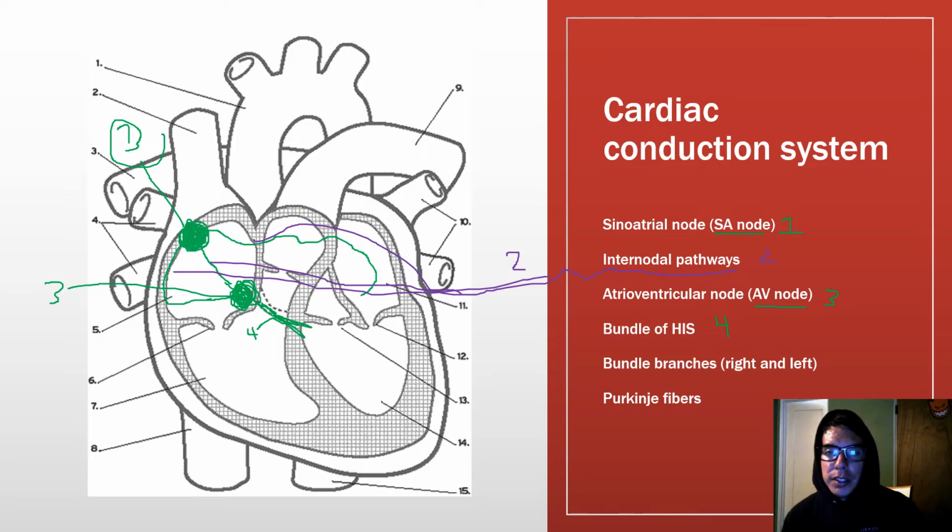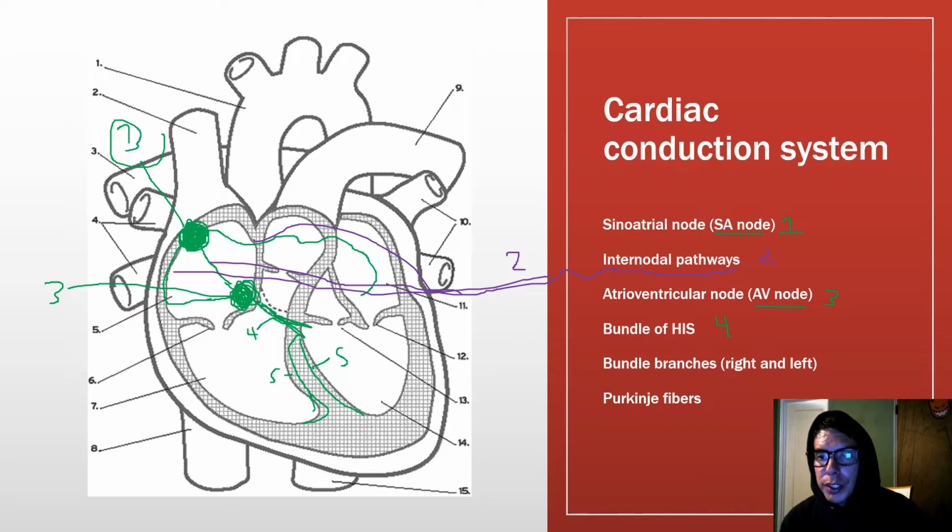The bundle of His will then, right around here, divide into 2 separate branches like this, and these are called bundle branches. So 5.